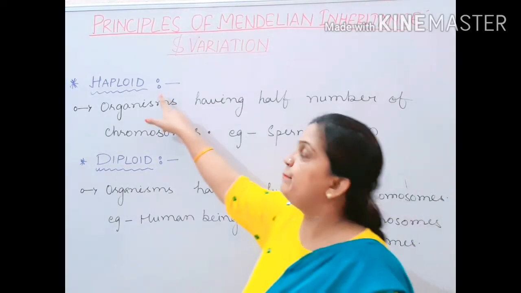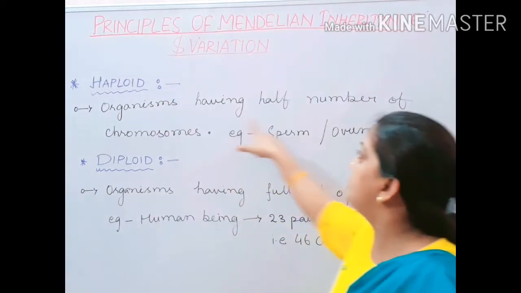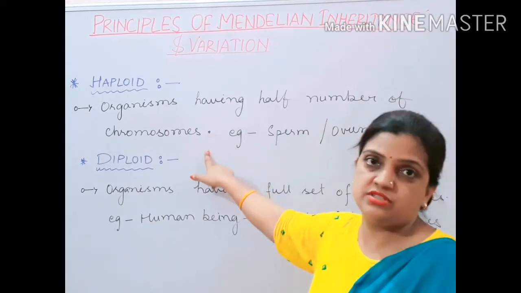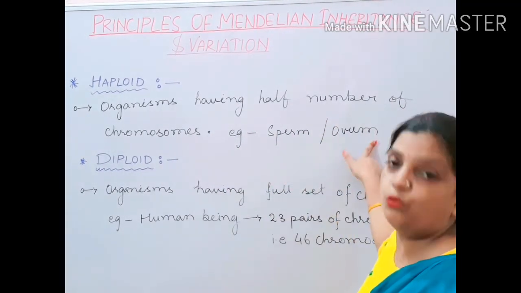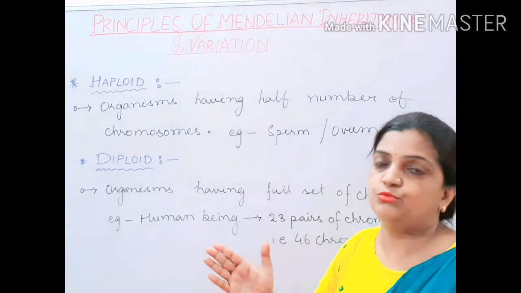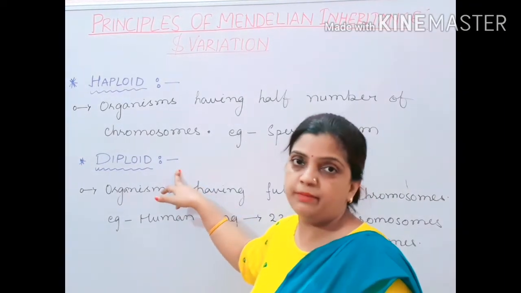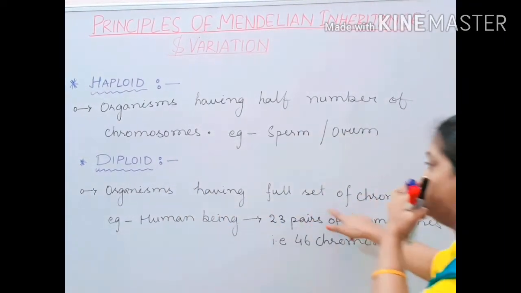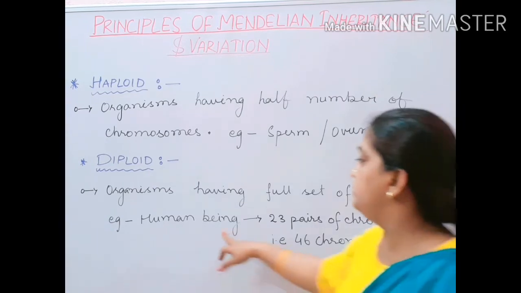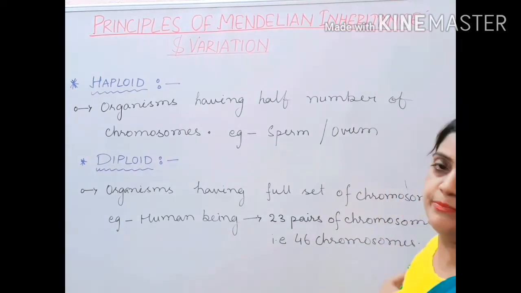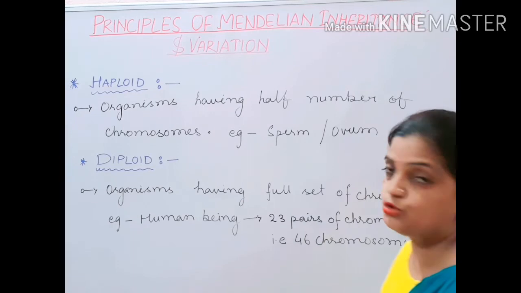So children, haploid means organisms having half the number of chromosomes, like your sperm and ovum. And diploid means organisms having a full set of chromosomes. Taking the example of human beings, 23 pairs of chromosomes, 46 chromosomes are present.